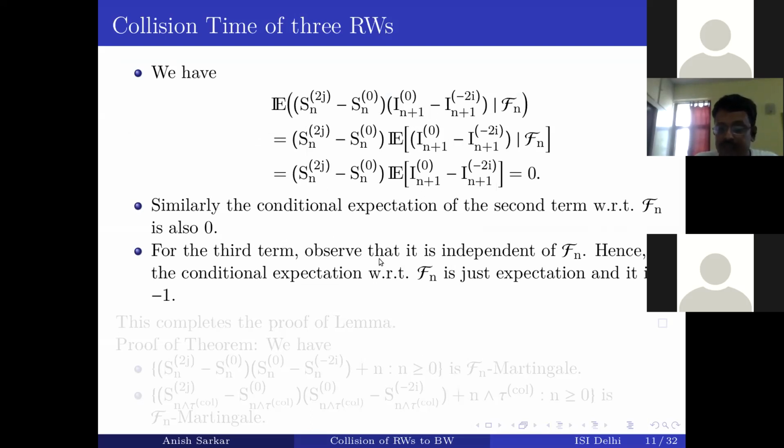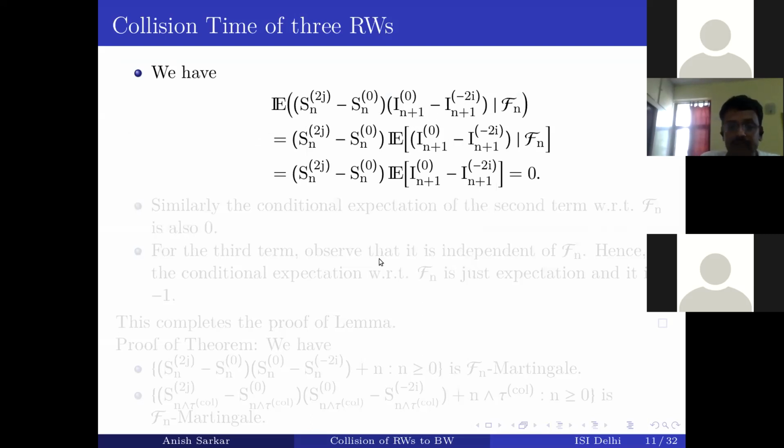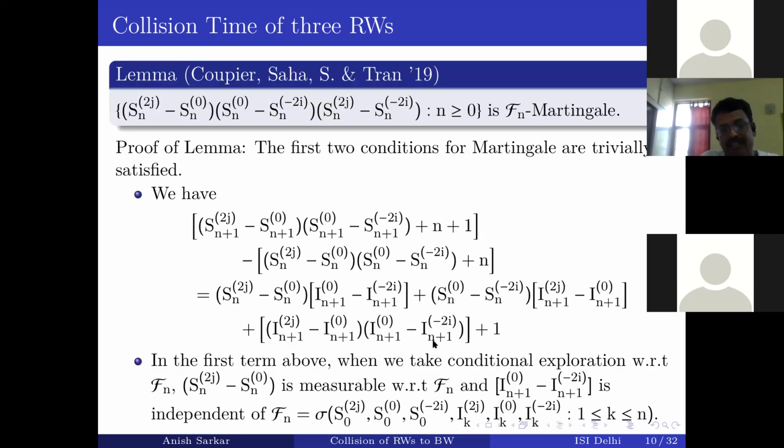So look at the third term. Now this is again independent of everything else, so it is just expectation. When I multiply out, this times this, if they are independent, the expectation of the product is equal to the product of expectations. So that becomes 0. This and this, that is 0.